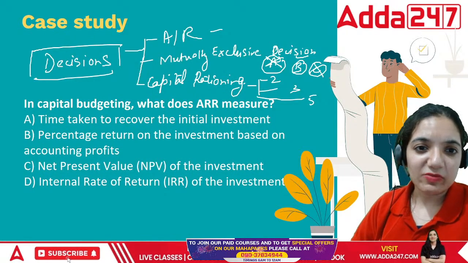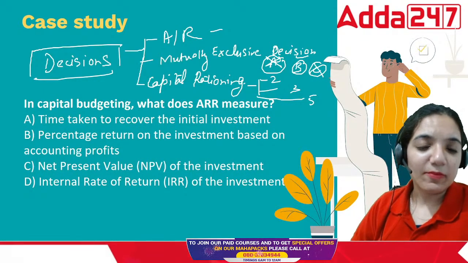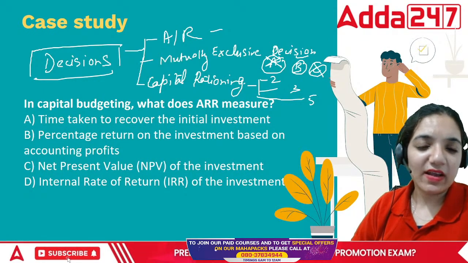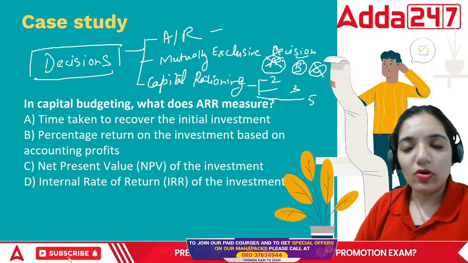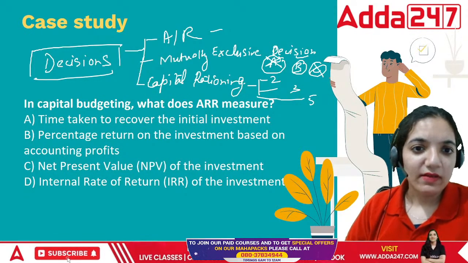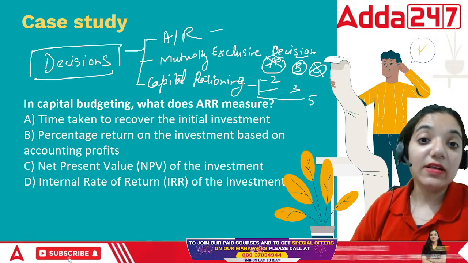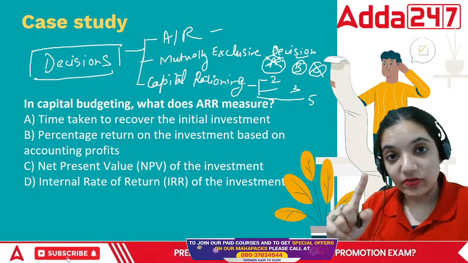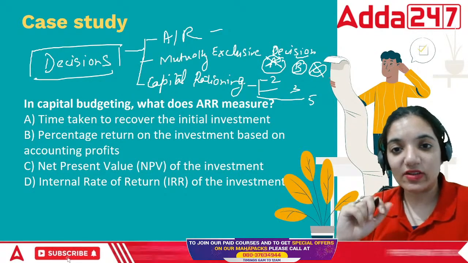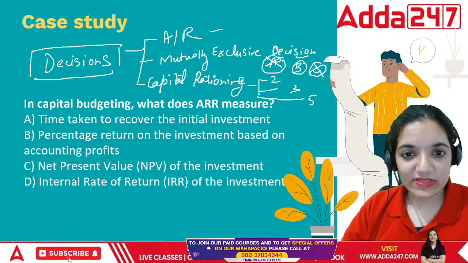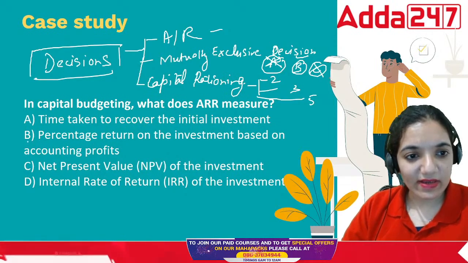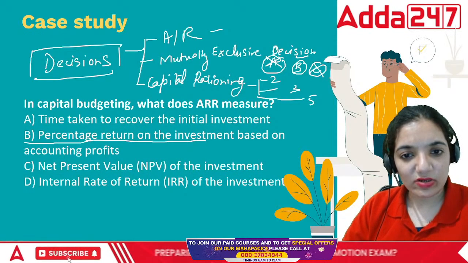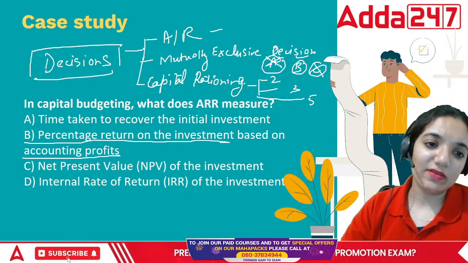Then percentage return on investment based on accounting profits, NPV or IRR. NPV and IRR are modern methods, so I'm ruling them out. I told you return on investment and accounting rate of return are all the same. So in this case, the correct answer would be percentage return on investment based on accounting profits.